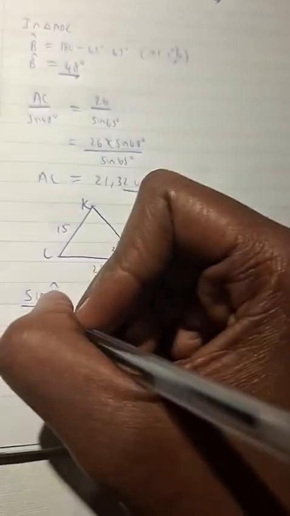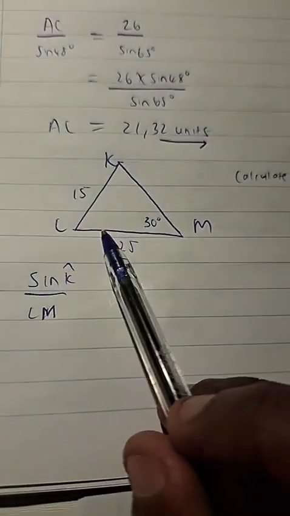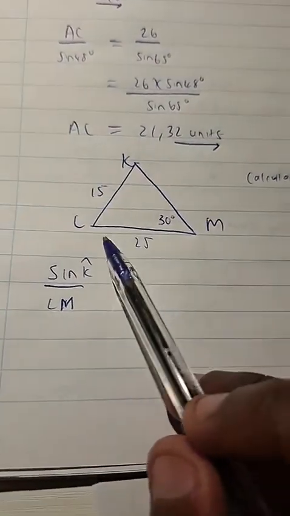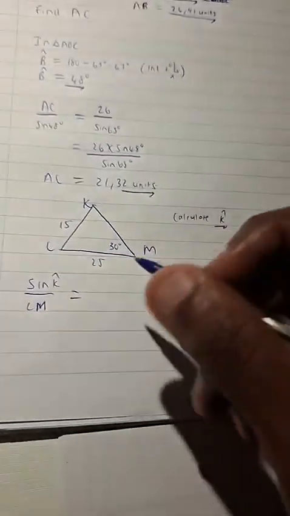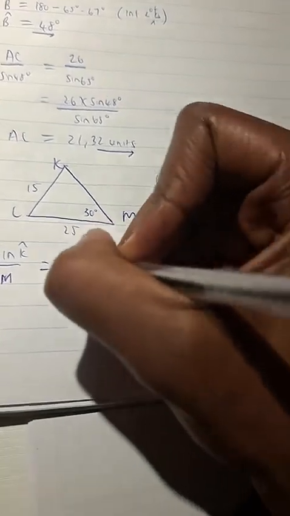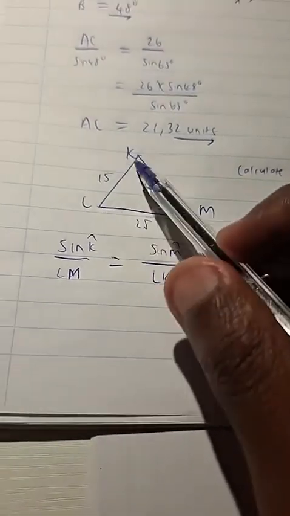Over side K, which is LM. And guys, I just love using the angles with the actual given side. So I write LM is equal to what's given: sine of angle M over LK, which is 15.